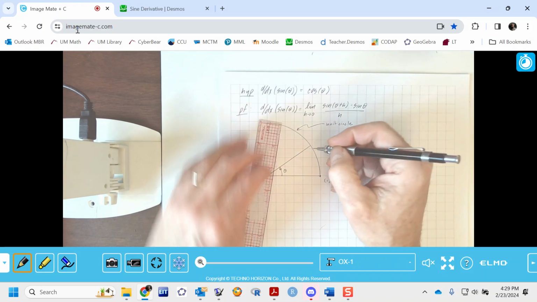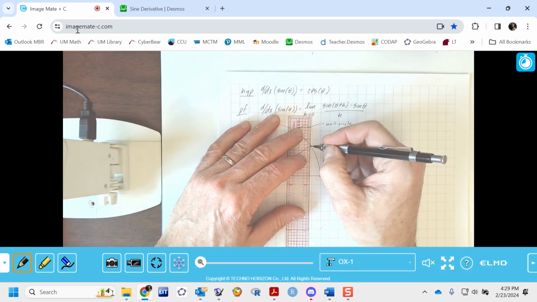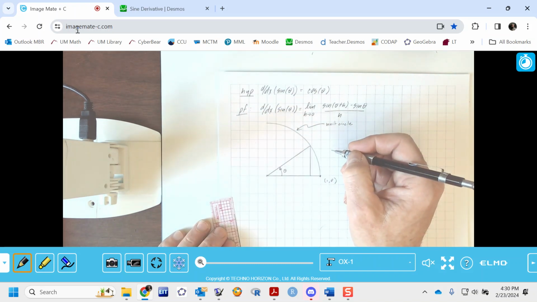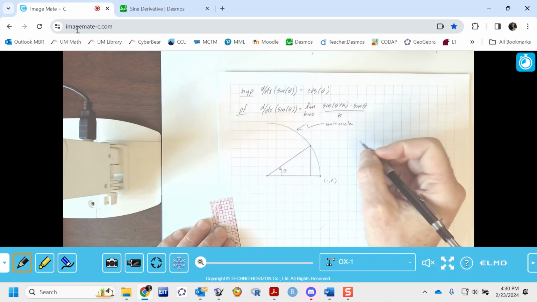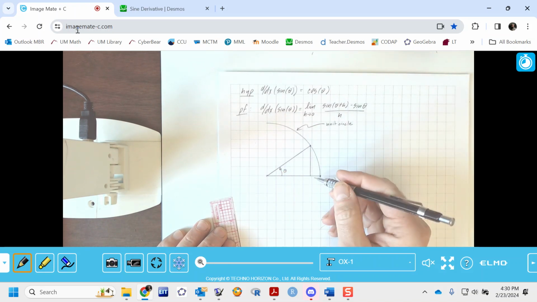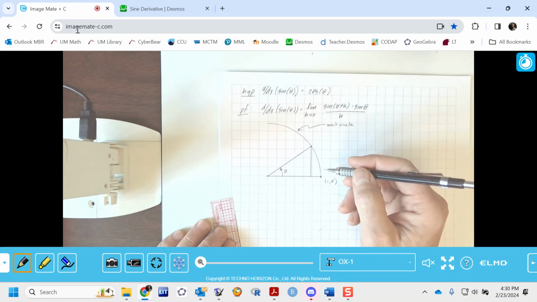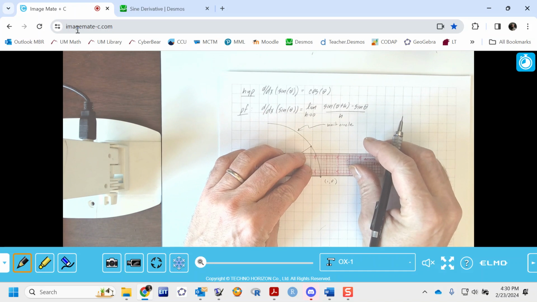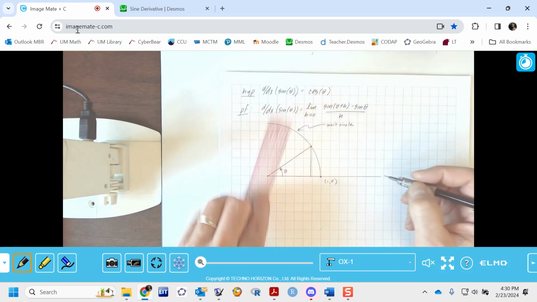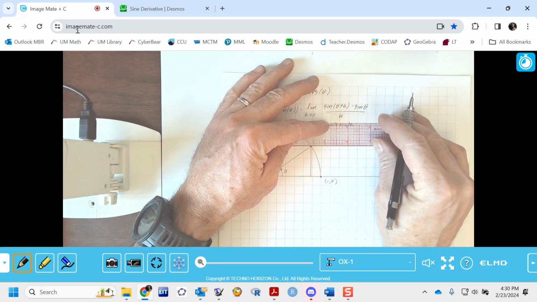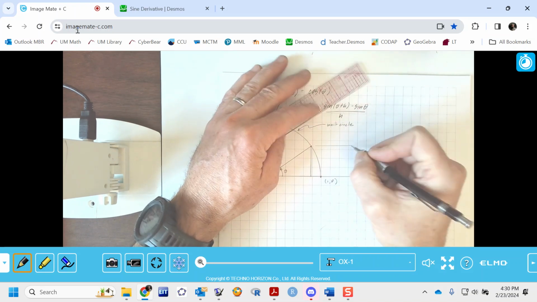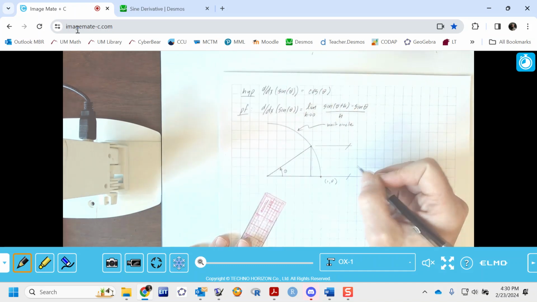Okay, so that means that if we dropped a perpendicular here, this point's x-coordinate would be cosine theta, and its y-coordinate would be sine theta. So if I extend this out a little bit and think about this distance right here, that distance is going to be sine theta.